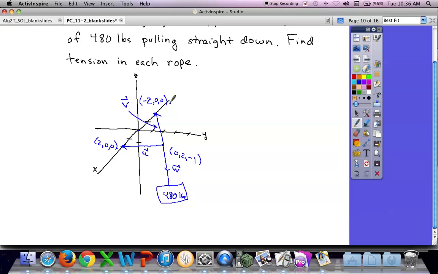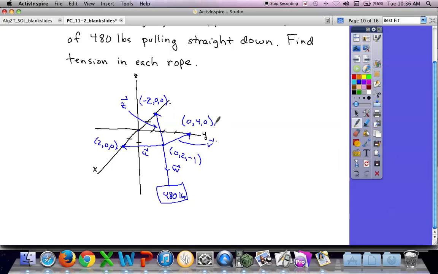No, that's actually Z. Okay, then the last rope is pulling up in the direction of 0, 4, 0. So 0 in the X direction, 4 in the Y direction, 0 in the Z direction. Right, that is the vector V. And that endpoint 0, 4, 0.